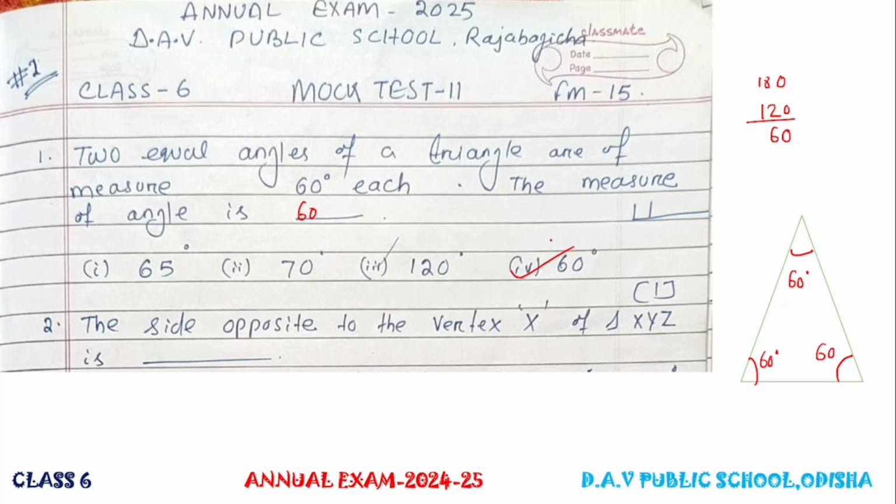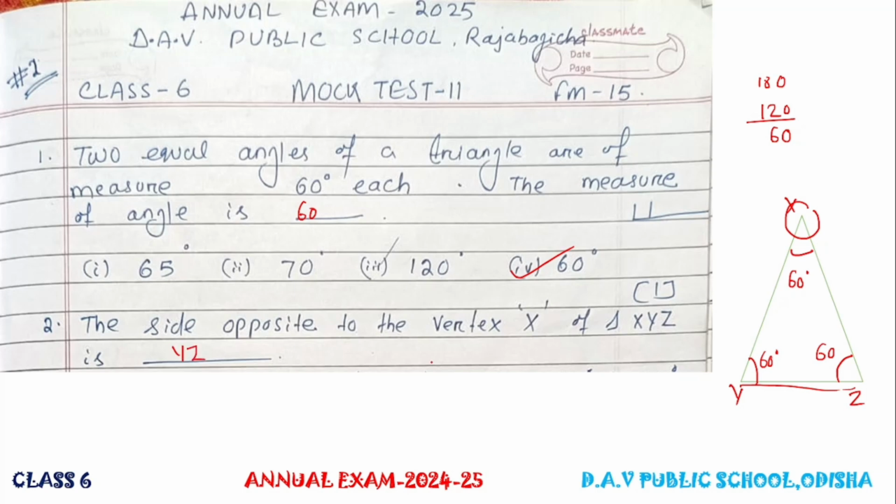Understand? Next question. The side opposite to the vertex X of triangle XYZ. Suppose this is triangle XYZ, X, Y and Z. We should find the side opposite to the vertex X. So vertex X means this vertex, and the opposite side is YZ. So the answer is YZ.